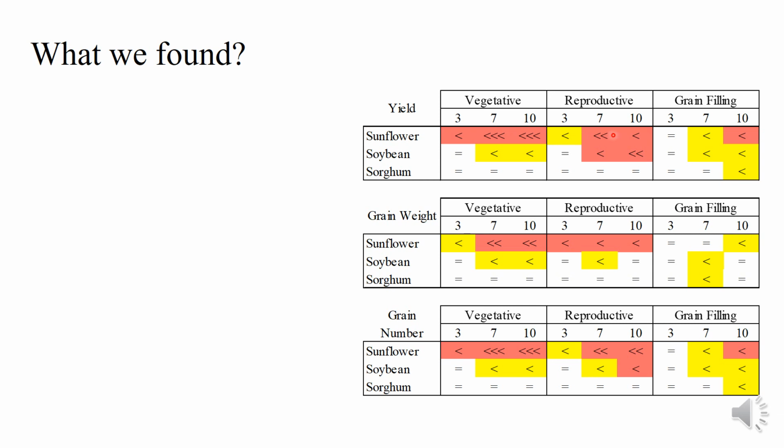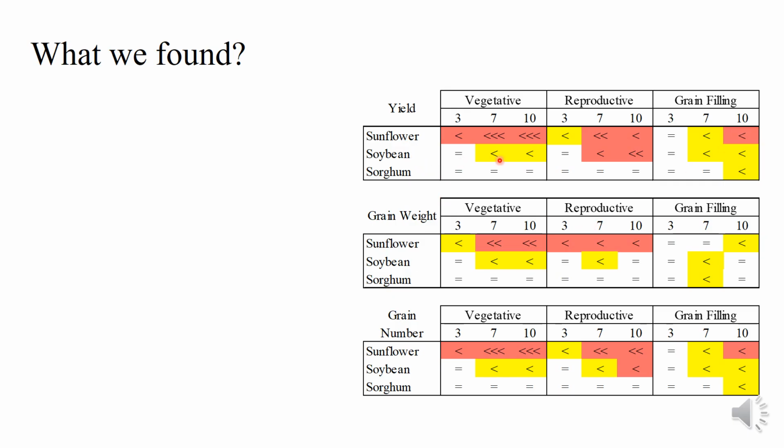We have some effect as well for sunflower during the early reproductive stage, but in this case, for 3 days, the response was very, very low. And then again, in the grain filling period, only for 10 days of waterlogging did we find some evidence that the yield was reduced.